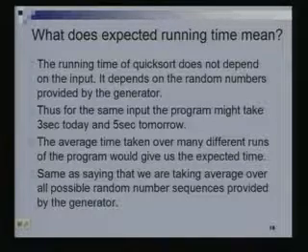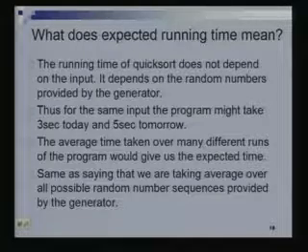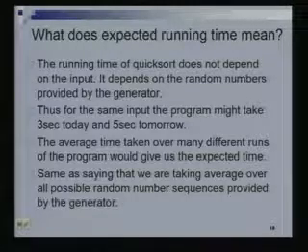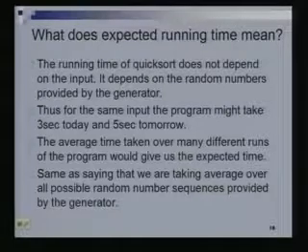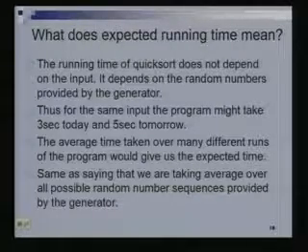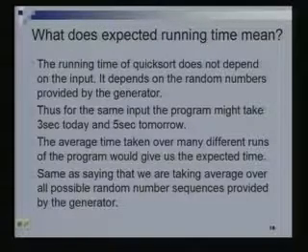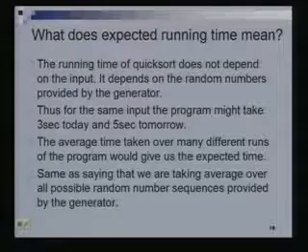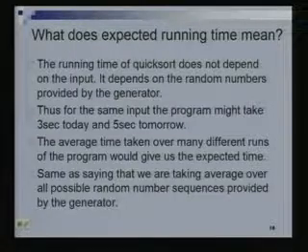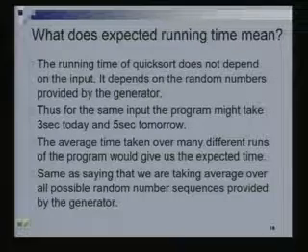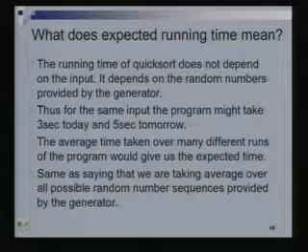If the same random numbers were generated, then the running time would be the same for a given input. I fix an input, the running time could be some value today, it could be some value tomorrow, because the random numbers generated could be different.